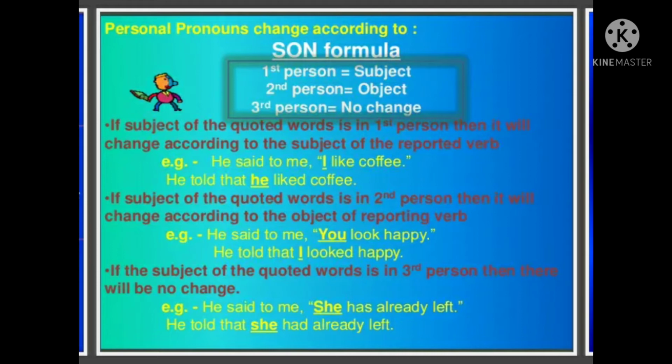Thirdly, if the subject of the quoted words is in the third person, then there will be no change. Example: he said to me, "She has already left." The indirect speech will be: he told that she had already left. So we see how changes take place in the personal pronouns.